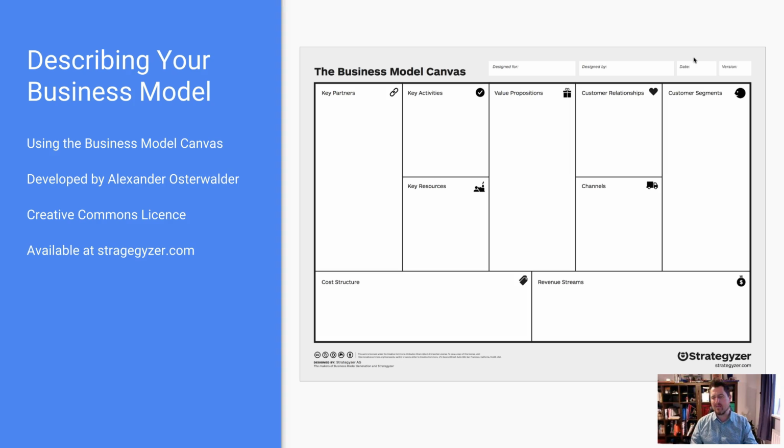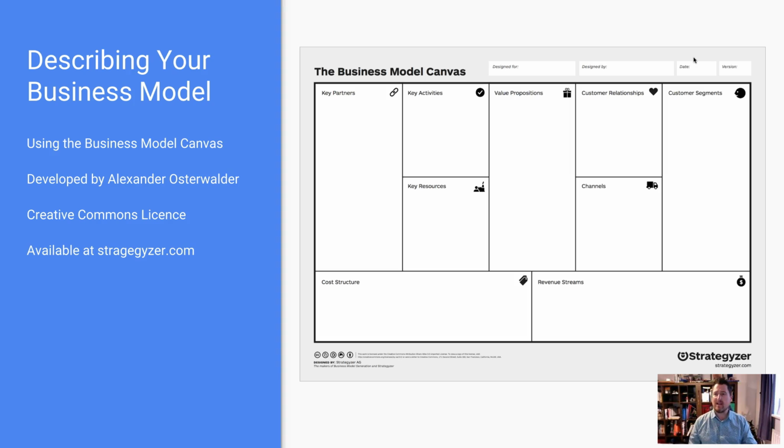In this case, the company is called Strategyzer, which now owns the license for this. So there's templates available and more guidance at strategyzer.com. But what I'll be doing is taking you through this tool and applying our business idea by using this tool. And I'm going to show you how to do that step by step.